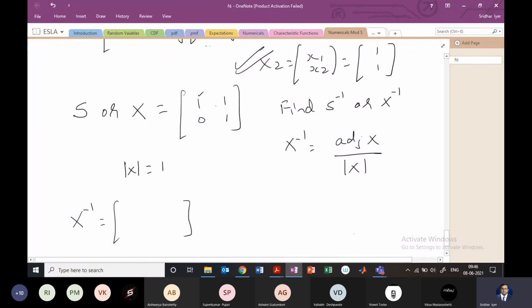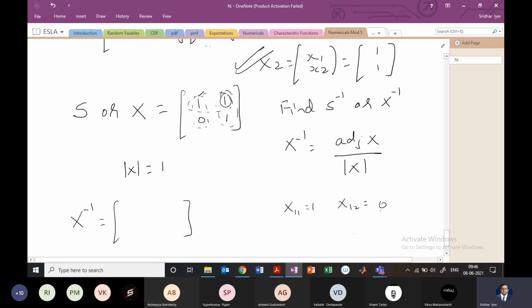Okay. So let's take this element. That will be x11, because first row, first column, right? So we'll ignore that column and we'll ignore that row. So what is left? 1 is left. Okay, next x12. So that is this one here. We'll ignore this row and we'll ignore this column.